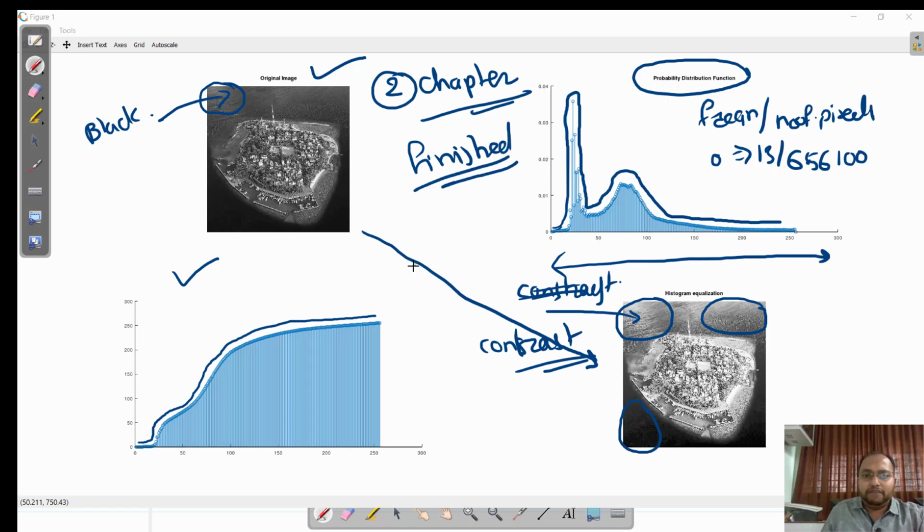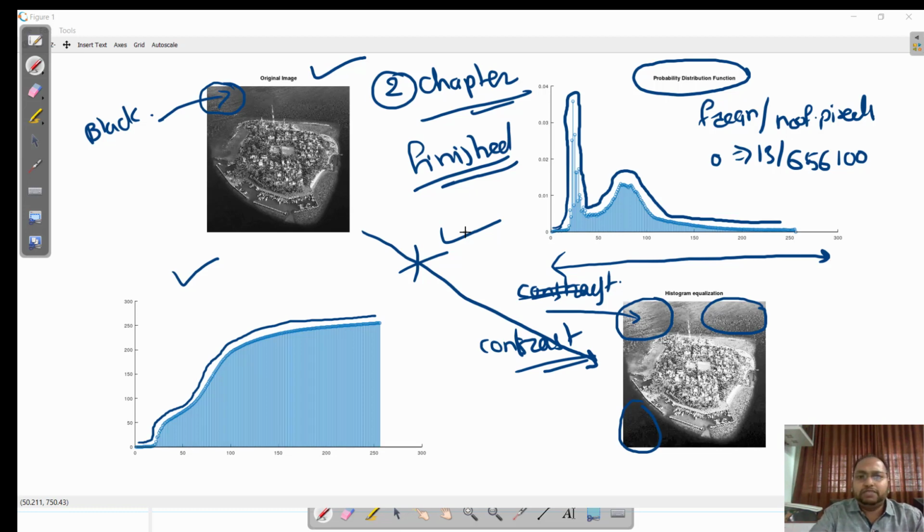This was the last point that I forgot to discuss, and today we have discussed this point. From the next lecture we will be starting our third chapter, that is nothing but filters in the time domain as well as in the frequency domain, right? You might have studied filters in DSP as well.